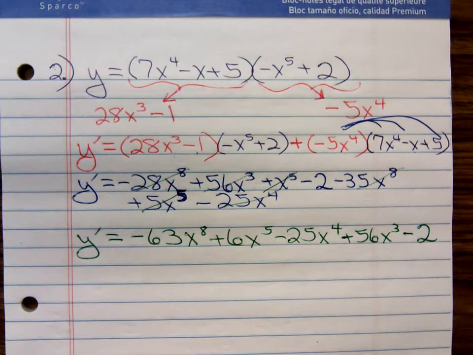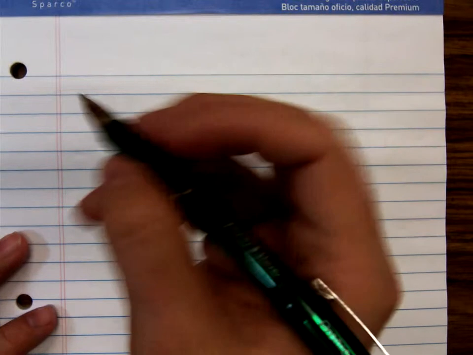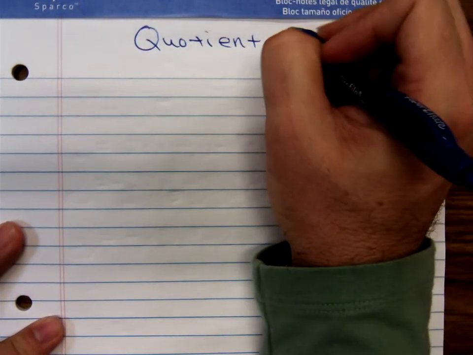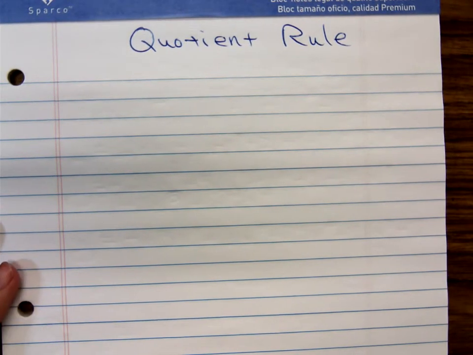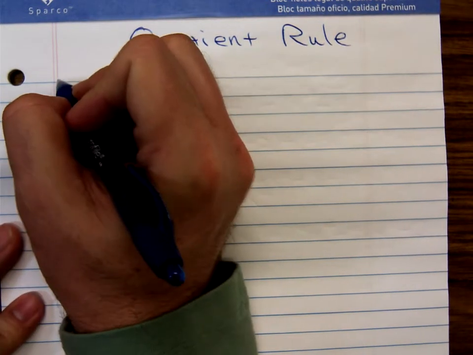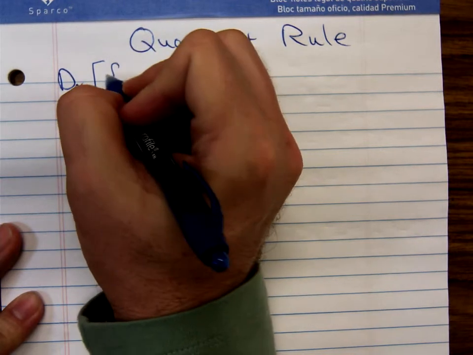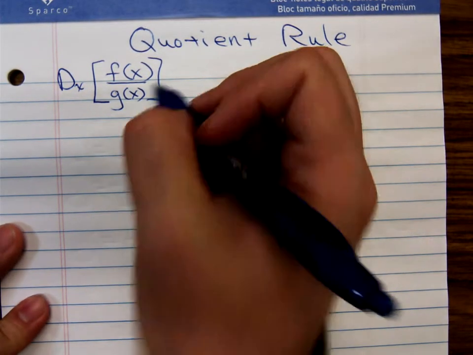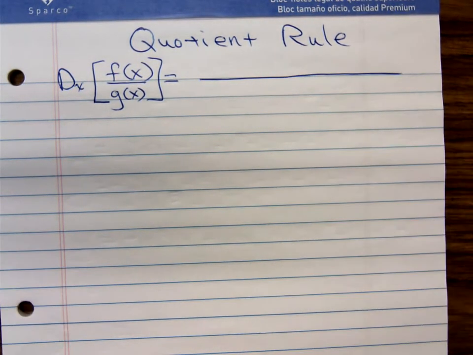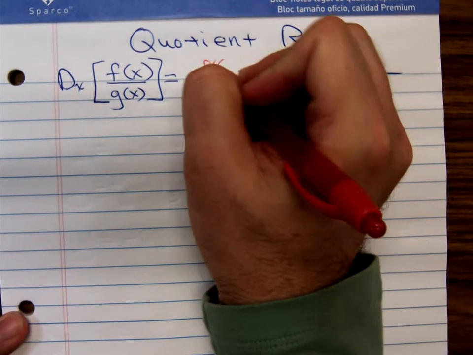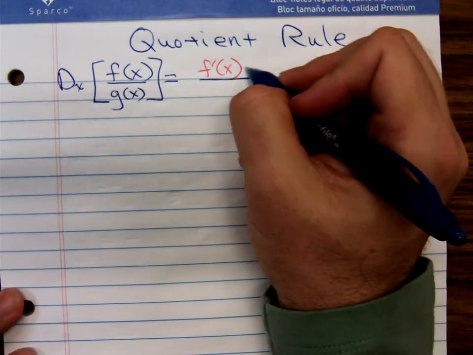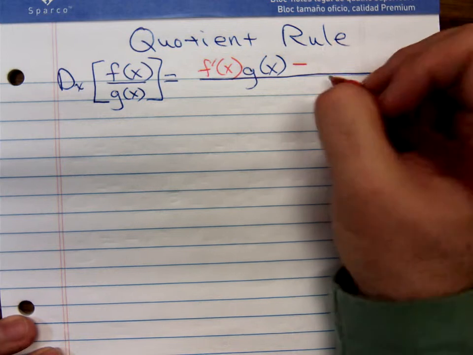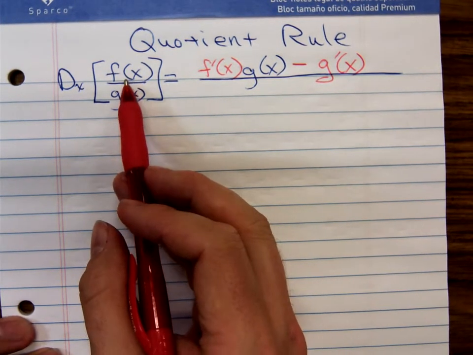Now the quotient rule. If you want to differentiate with respect to x a quotient, f of x divided by g of x, it's equal to the derivative of the numerator, f prime at x, times the original denominator, g of x, minus the derivative of the denominator, g prime of x, times the original numerator, f of x.